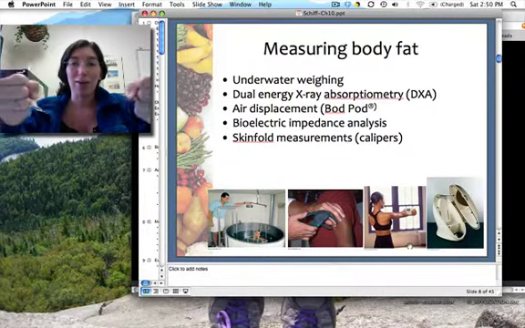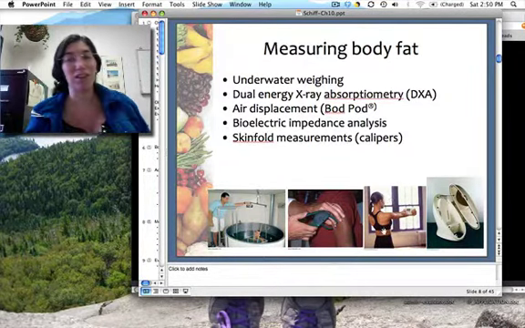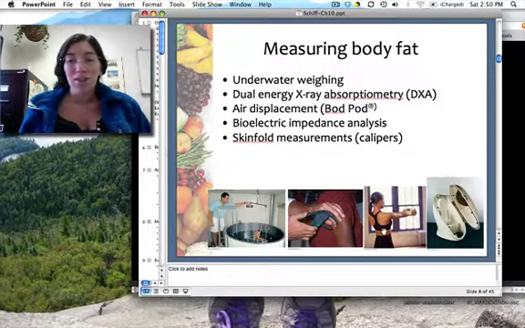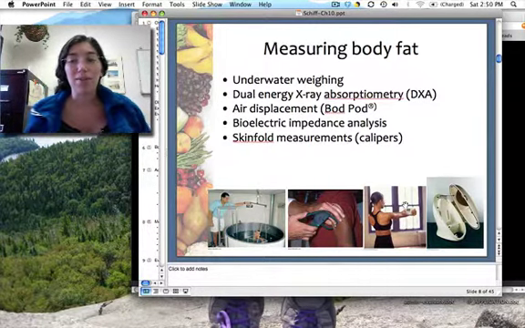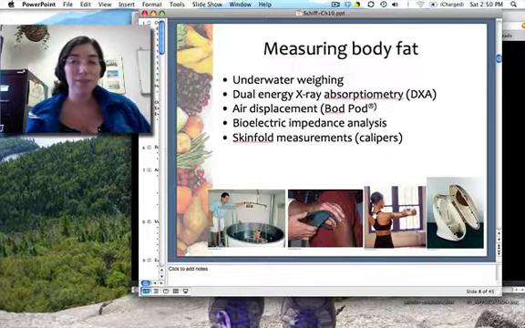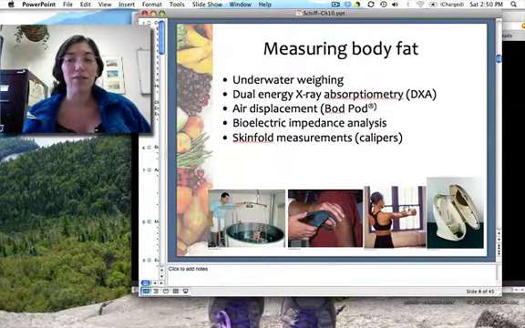You just basically hold on to the two electrodes. You can purchase them for like $30 to $60 probably online. Some gyms have them. Some nutritionists and stuff will have them. So it's a little more accessible, and the machine sort of calculates it for you.